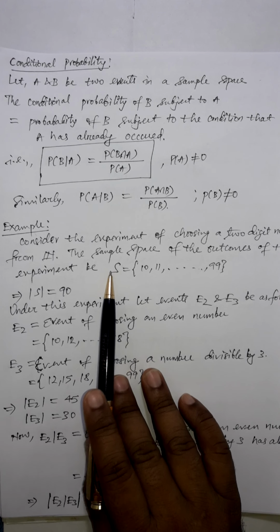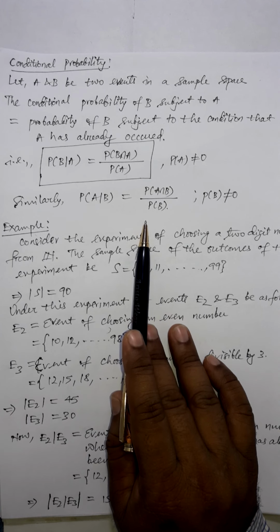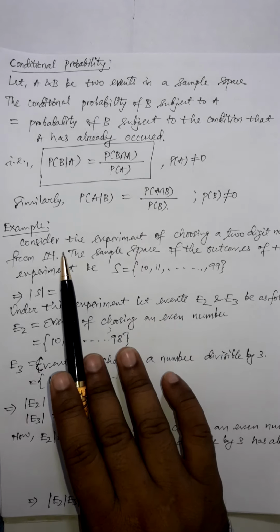So friends, let's see how this formula actually works through one simple example. Now consider the experiment of choosing two-digit numbers from the set of natural numbers.